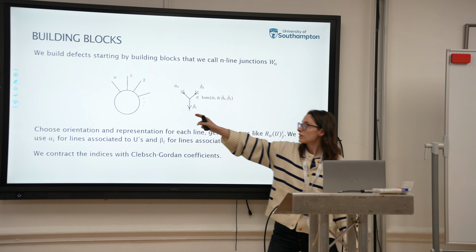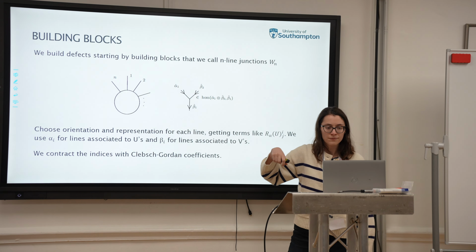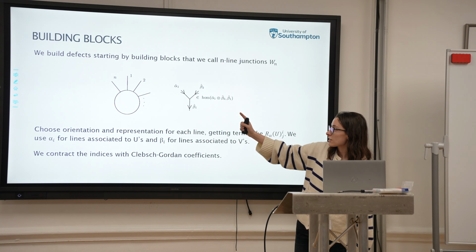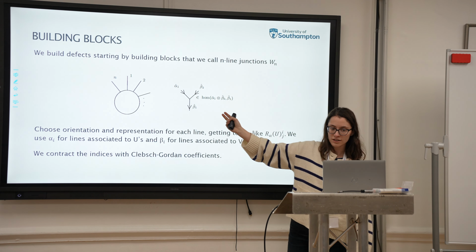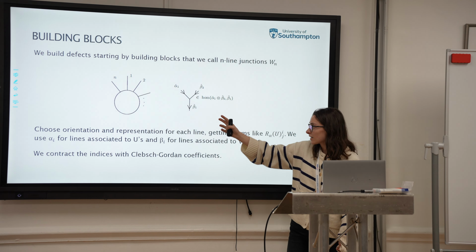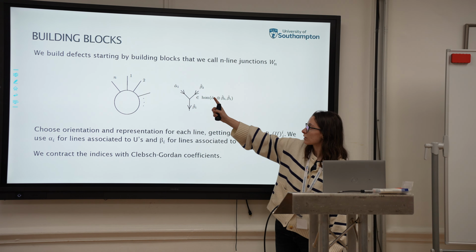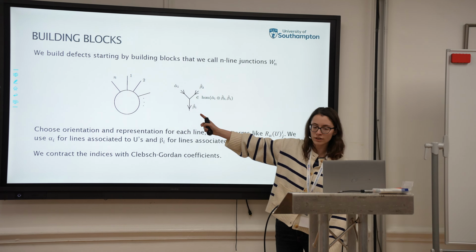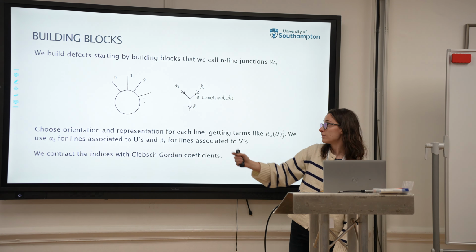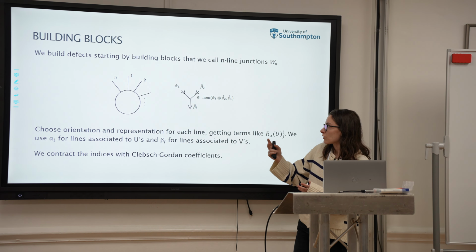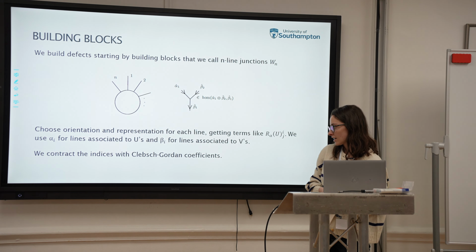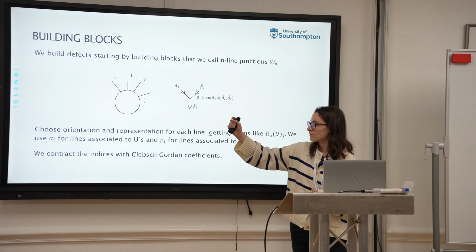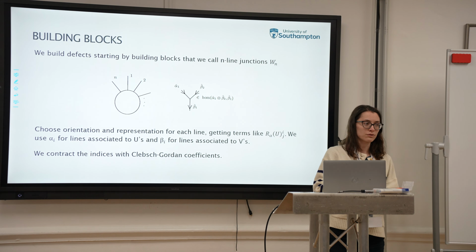And if we zoom into each triple intersection, once we have assigned representations and chosen orientations, we recognize something very familiar. This is just the tensor product of the representation alpha 1 and beta 2 going into the representation beta 1. So we know a very beloved invariant tensor living in this vector space, which are Clebsch-Gordan coefficients.